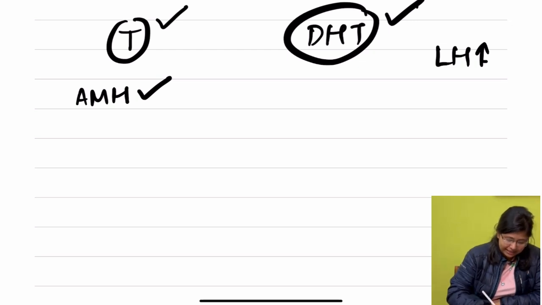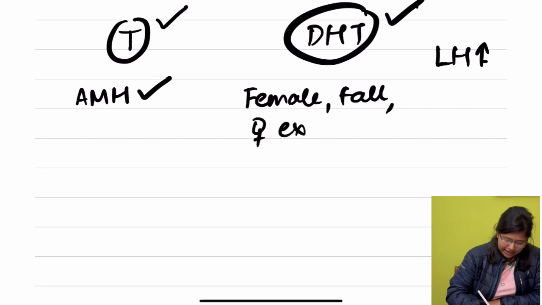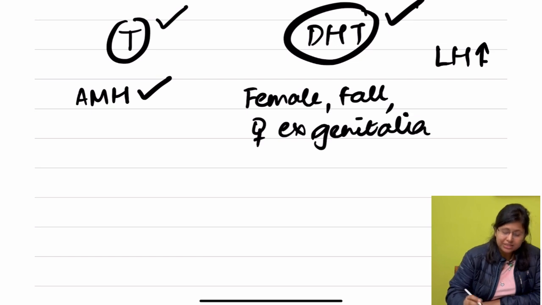So this will present as a female who's typically tall, and they will have female external genitalia. Why? Because the DHT is present, but it is unable to act on the cells that make external genitalia.